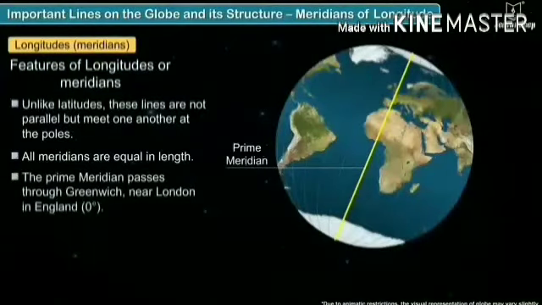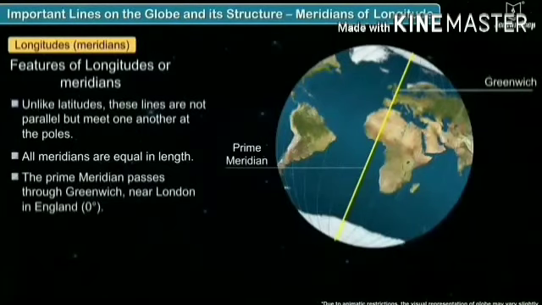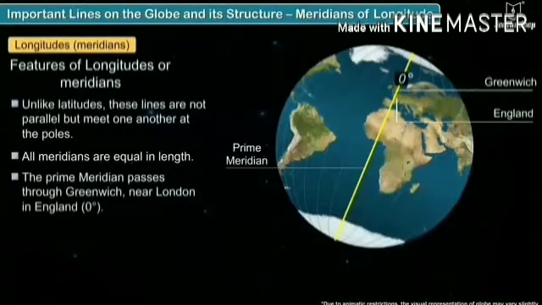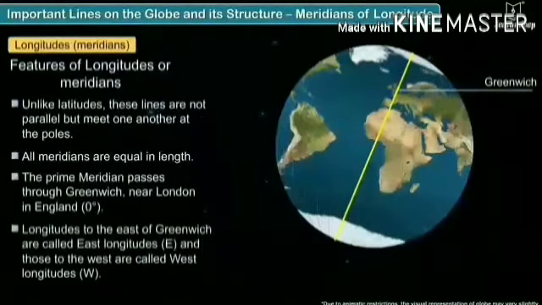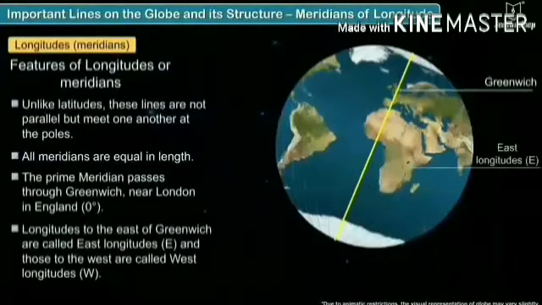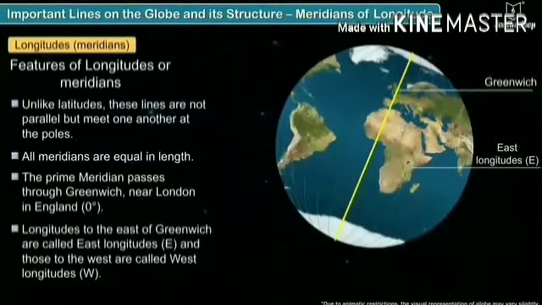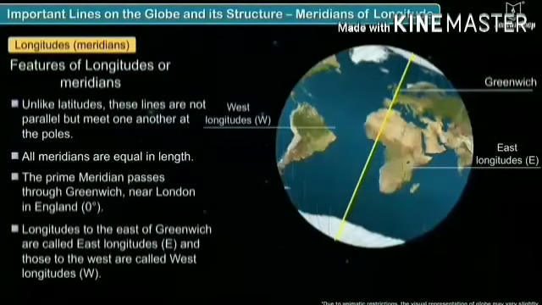The prime meridian passes through Greenwich near London in England. Longitudes to the east of Greenwich are called east longitude, and those to the west are called west longitude. Longitude is the angular distance of a place from the prime meridian and is measured in degrees, minutes and seconds. Is it clear to you, children?